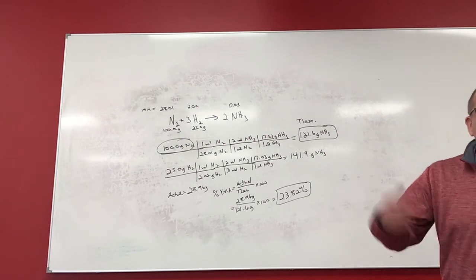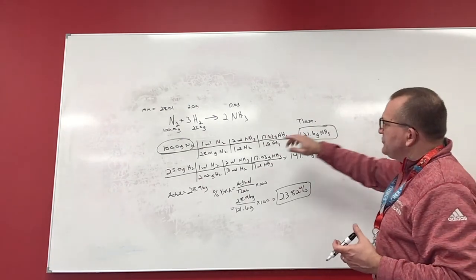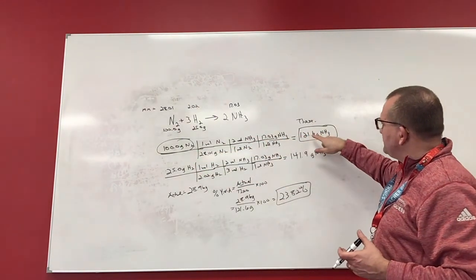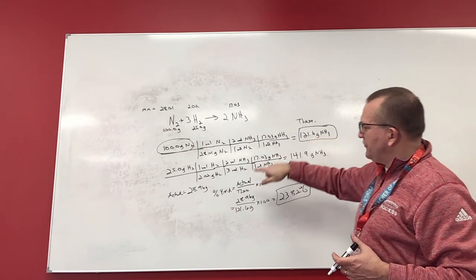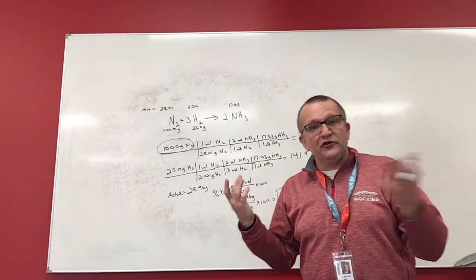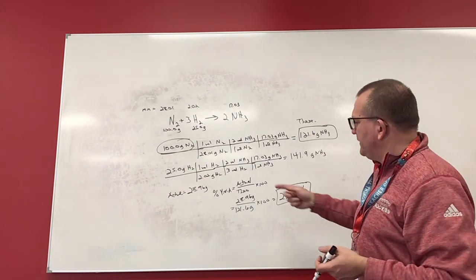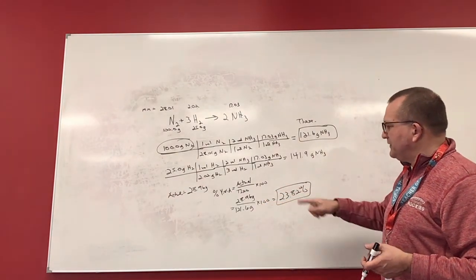So, percent yield problem: find your limiting. Whatever your limiting turns out to be, that answer is your theoretical. The actual will be given to you, either you get it in lab or it'll be given to you in the problem. Actual divided by theoretical times 100 gives you percent.